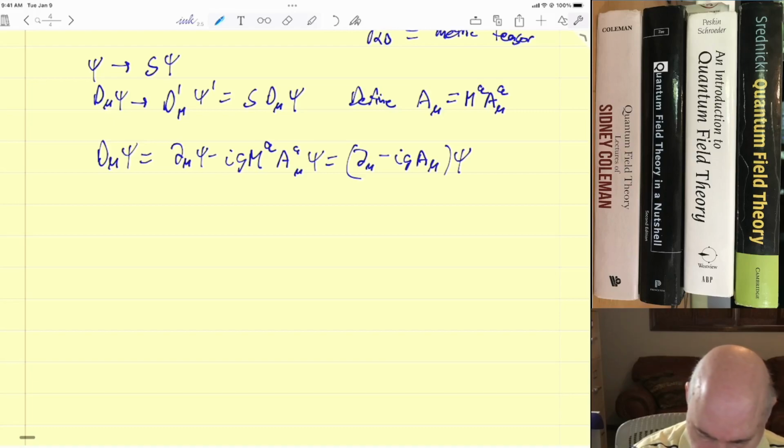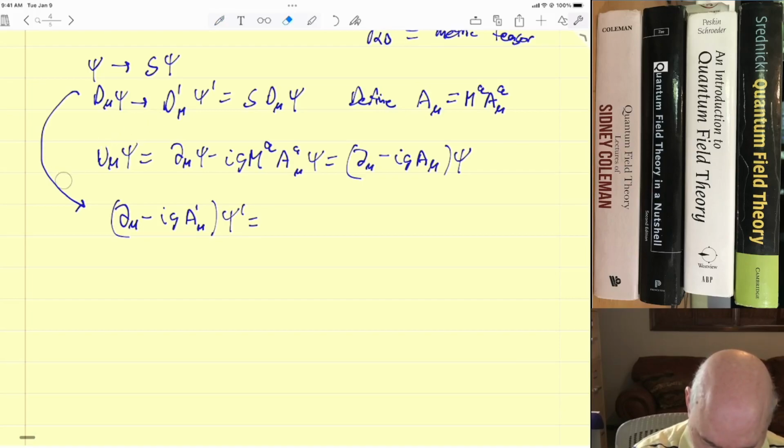So if we use this, we can derive, I'll do it very quickly, the partial of mu minus i g A'_mu psi'. That's what this is equal to. This is equal to S times the partial mu minus i g A_mu psi.